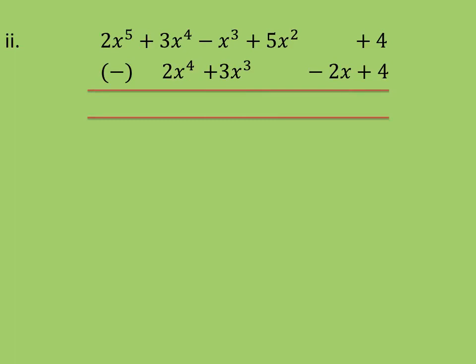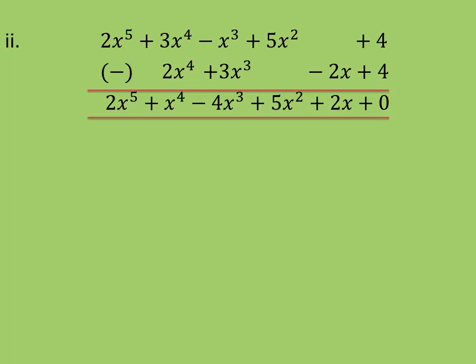Here in the first equation there is no term in x, so it's still the same thing as writing 0x, but we did not write it there so as not to cause confusion. And in the equation below we have minus 2x.